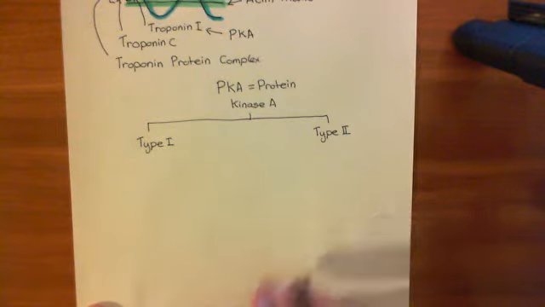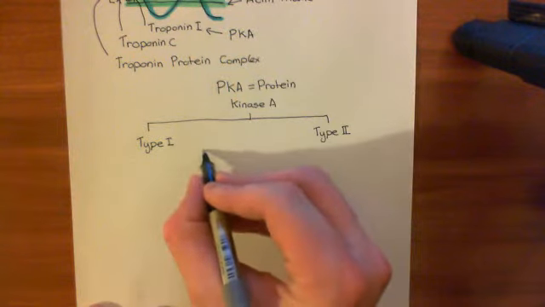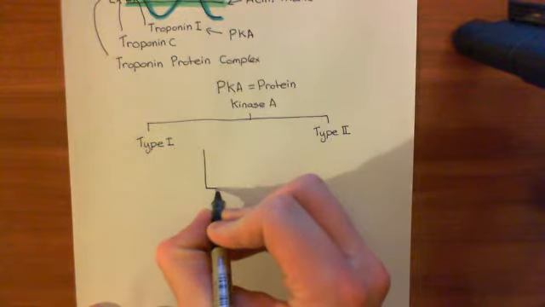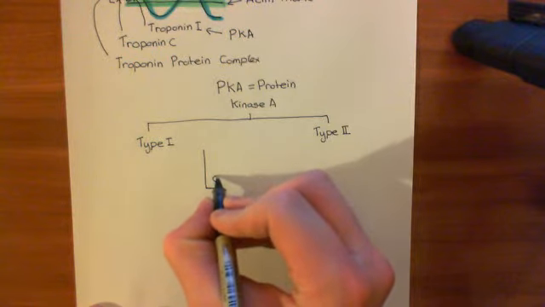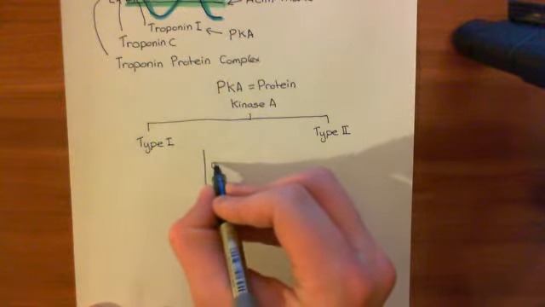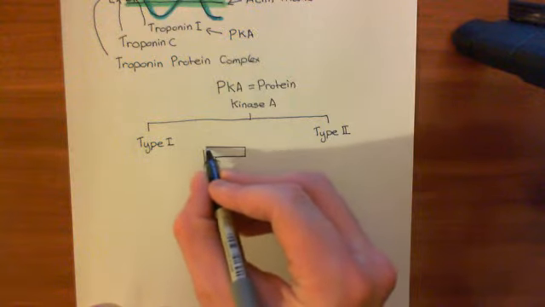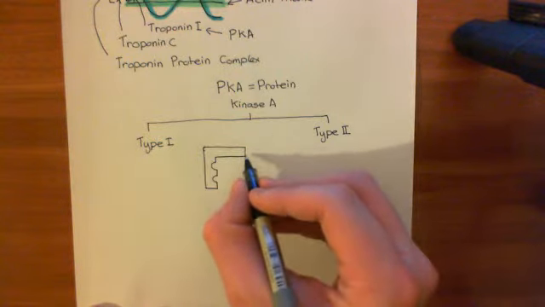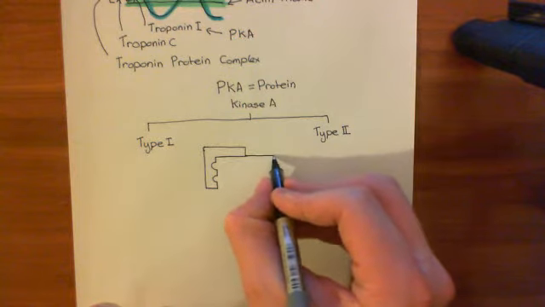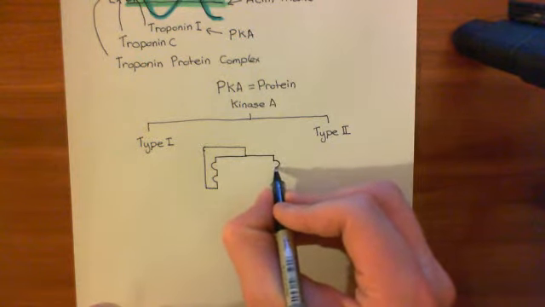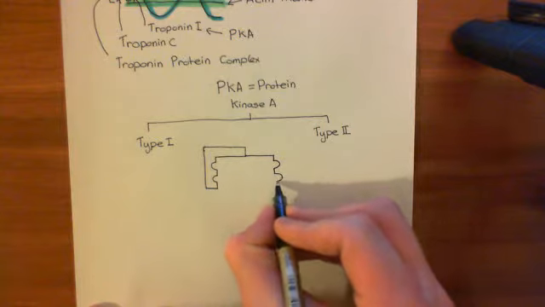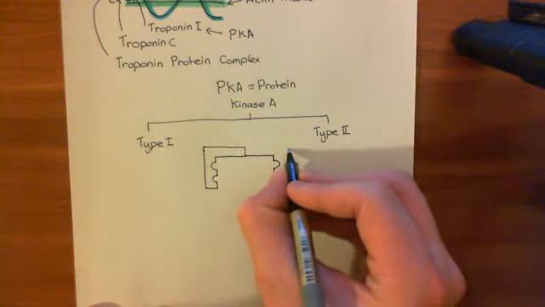Right, so they all have the basic same structure, which I'll draw here. They exist as a complex, so protein kinase A isn't just one protein, it's far more complicated than that. Instead, you have two types of protein that are assembled into a tetramer, basically. So this is the structure of a protein kinase A molecule.